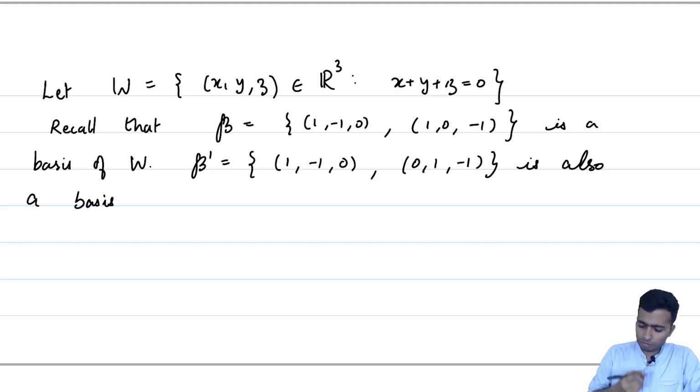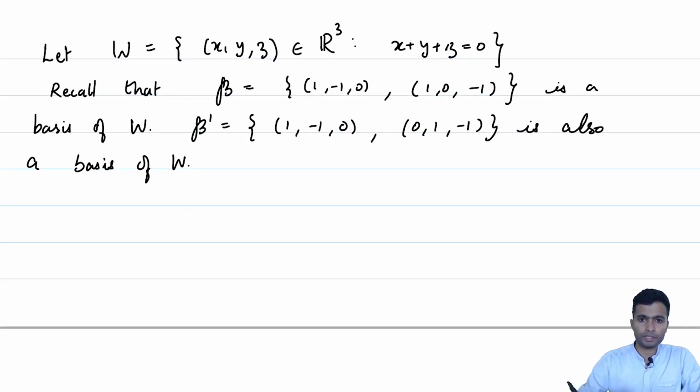In fact, we could get many bases of W using the same procedure, but no matter what basis you take, you will observe that it has exactly two elements.